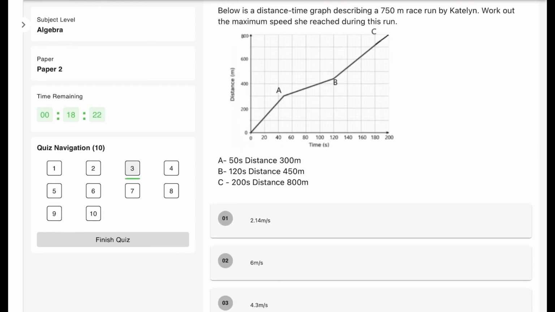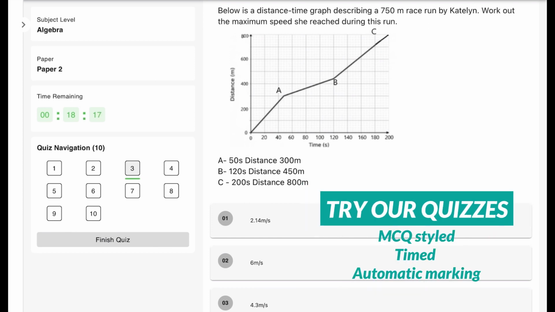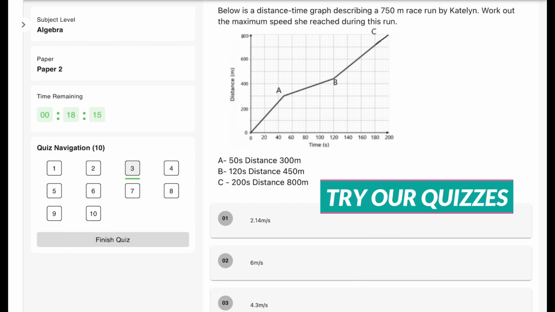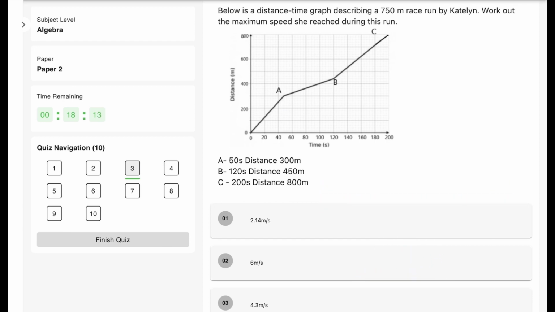Below is a distance time graph describing a 750-meter race run by Caitlin. Work out the maximum speed she reached during this run. We have been given the different distances and the times that she went through.